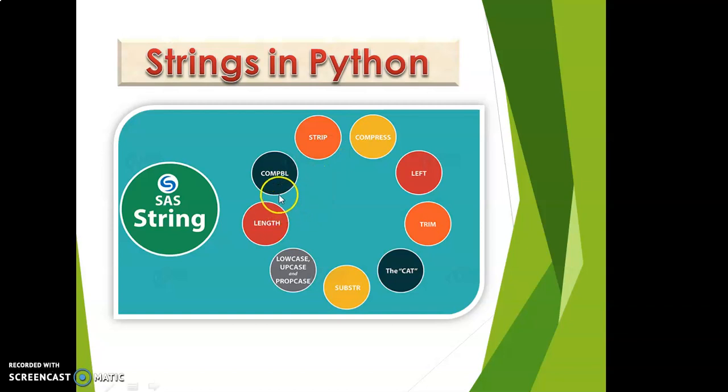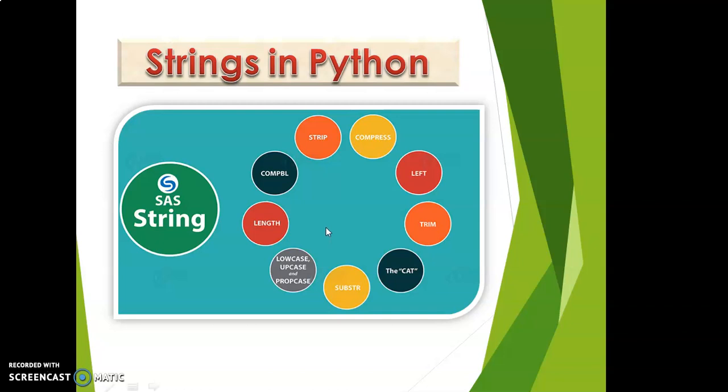So in a string, we'll be able to do all these functions. Lower: any string can be converted into small case. Upper: uppercase. Substr: in between, we can retrieve any part of the string.